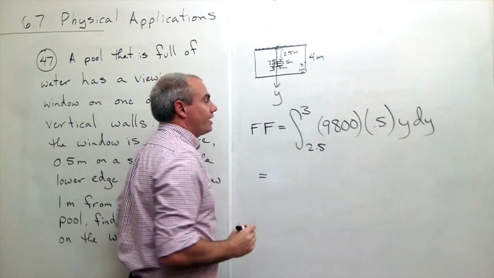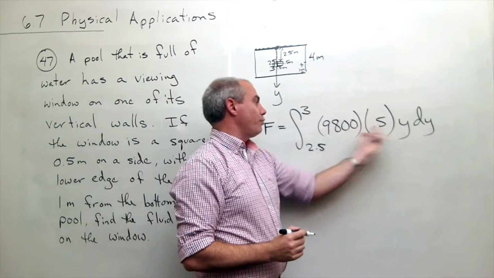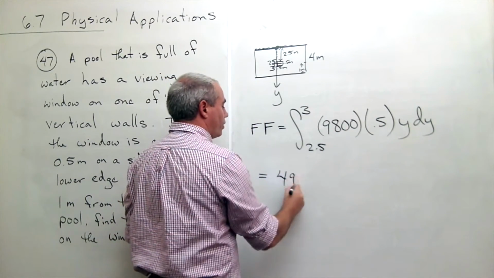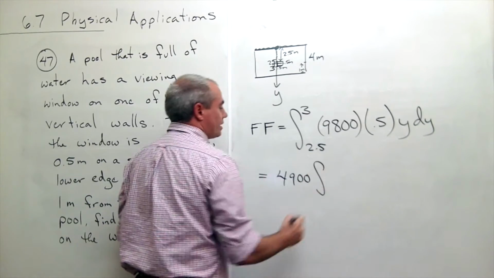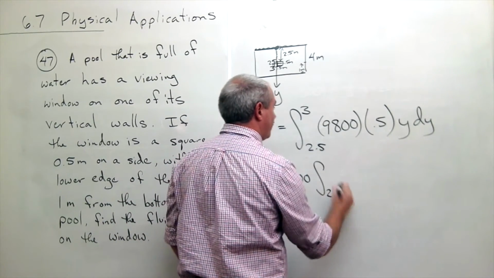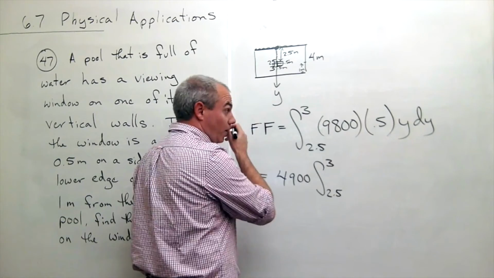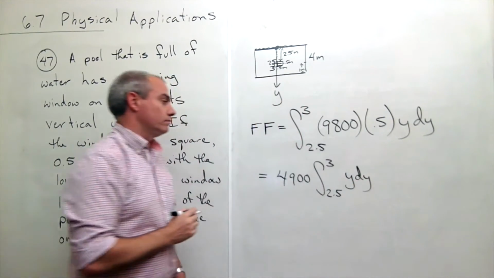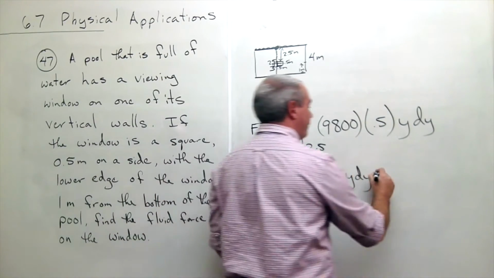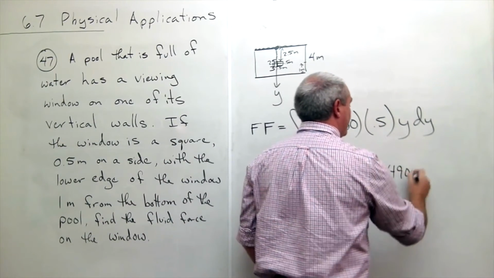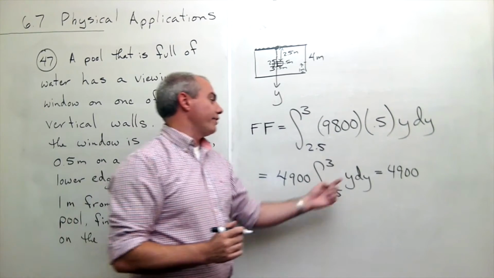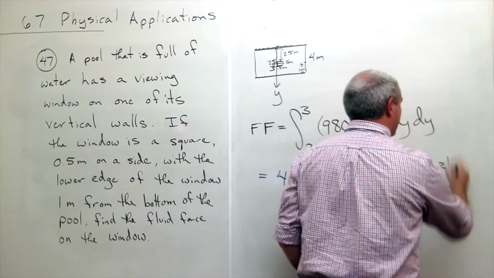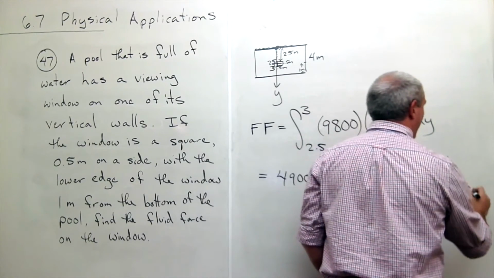All right, let's rewrite this. I can multiply 0.5 times 9,800 to get 4,900 times the integral from 2.5 to 3 of y dy. I can take an antiderivative of that, and I get 4,900, and the antiderivative of y is y squared over 2, evaluated from 2.5 to 3.